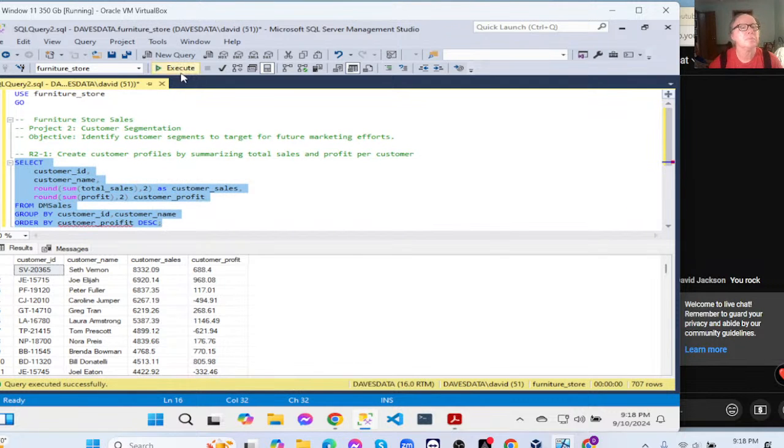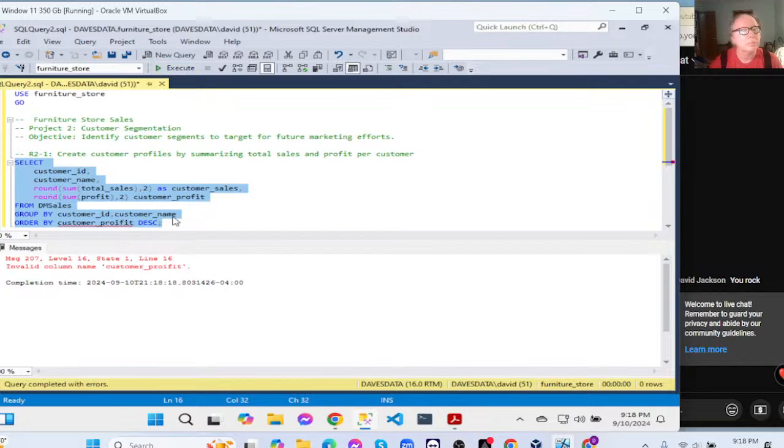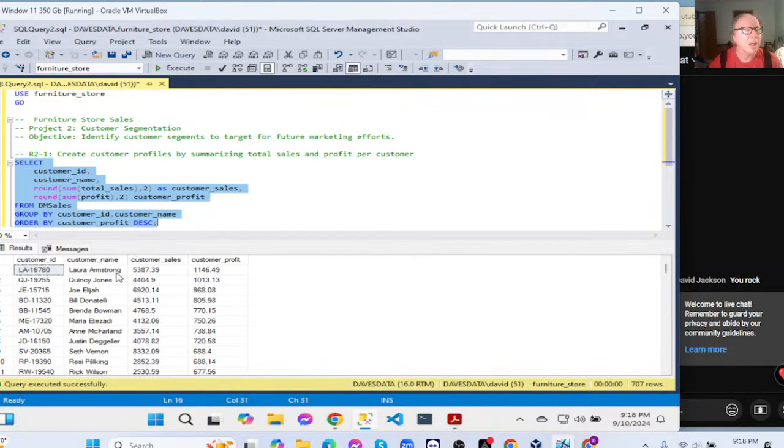I'm not sure how Tom Prescott has a positive sales but a negative profit. That's kind of curious, isn't it? Let's see. But Laura Anderson Armstrong has generated the most profit for the customer.